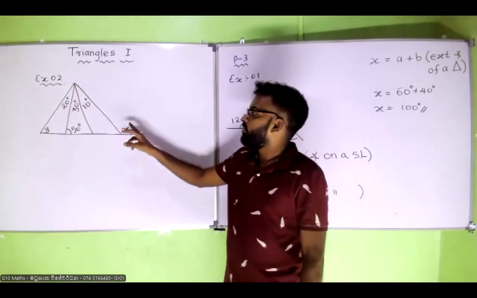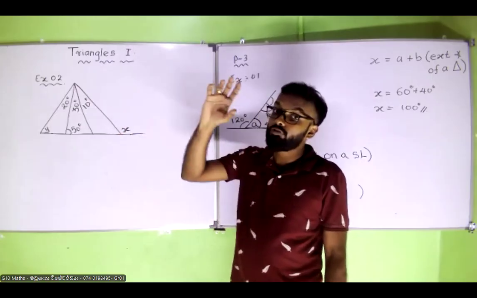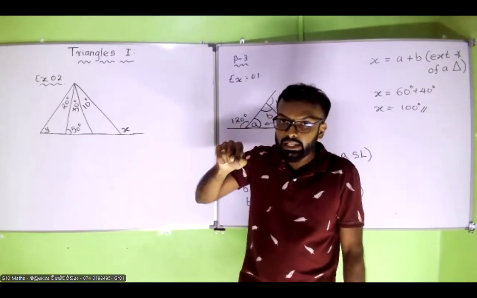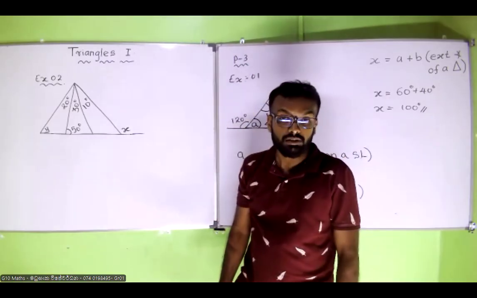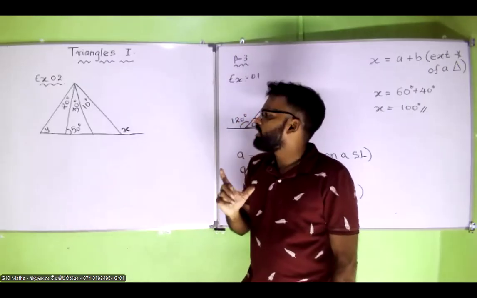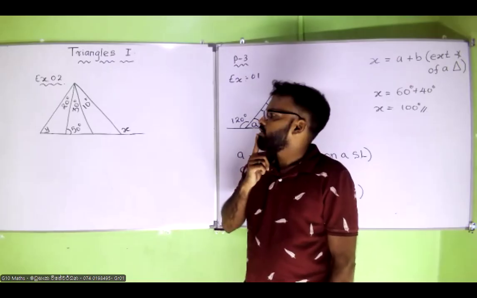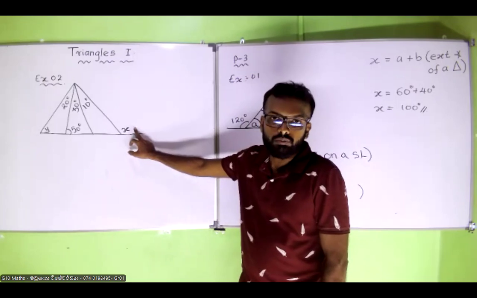The exterior angle of a triangle is equal to the sum of the two interior opposite angles of the same triangle, right? So, what is the suitable place to start? We are not going to find what we do not know.